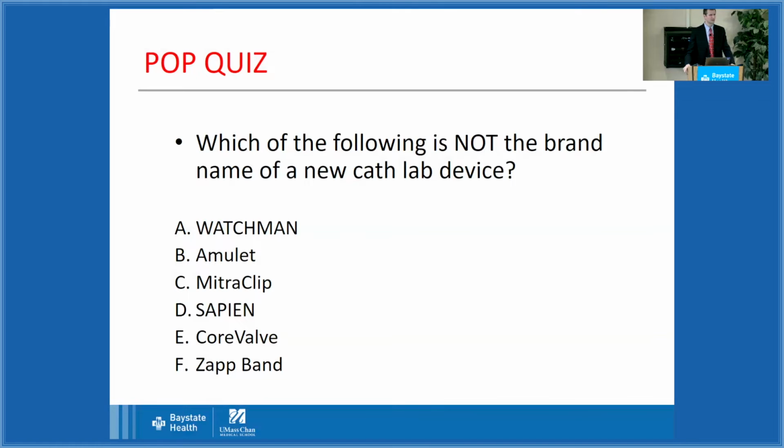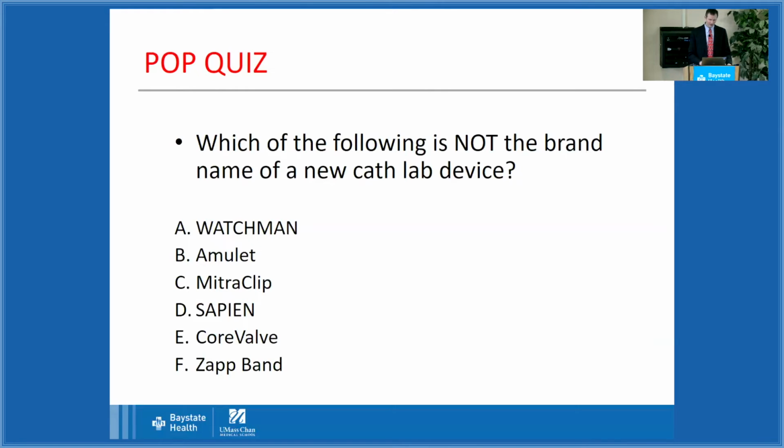Anybody? Anybody for A? That's not the name. B, Amulet. I just passed a Watchman and an Amulet around. C, MitraClip. D, Sapien. People are thinking Sapien, though, that's an organism, right? Core Valve? How about Zap Band?